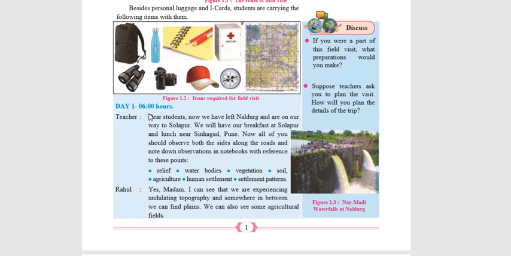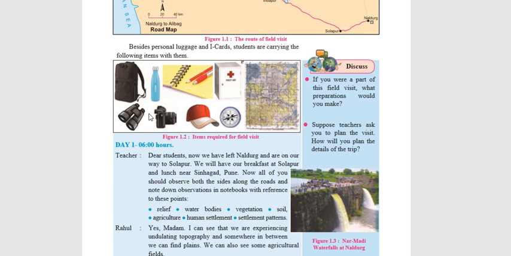There are some things which are necessary to be taken on a field visit. Writing material and camera to collect information. A compass and map for understanding various directions and locations.